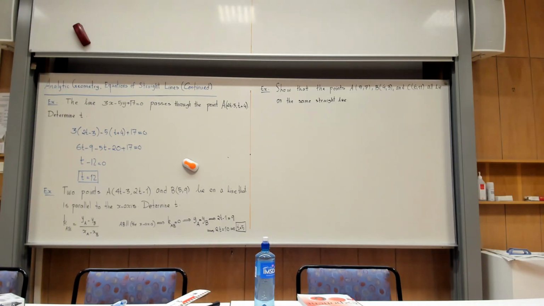Okay? What is the strategy to solve the problem? Even if you haven't done the details, no problem, but you can tell me your strategy. Yes? We need to show that all of the points have the same k value and the same y-intercept and x-intercept.